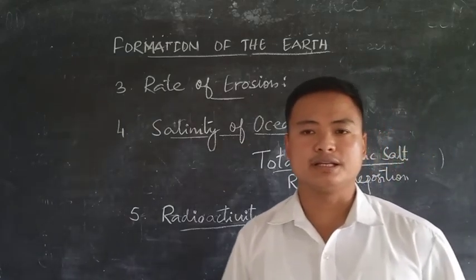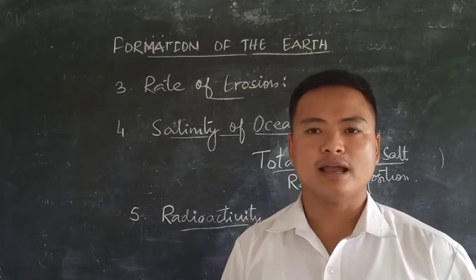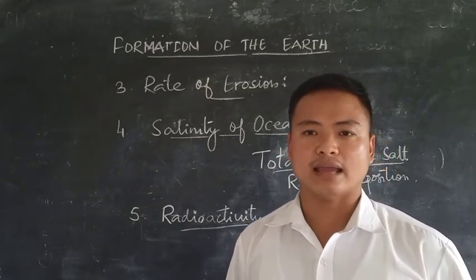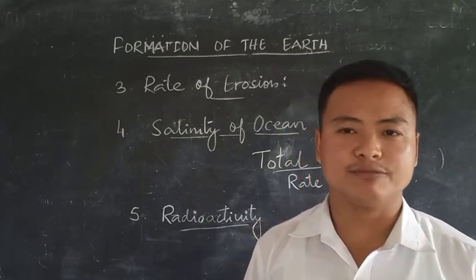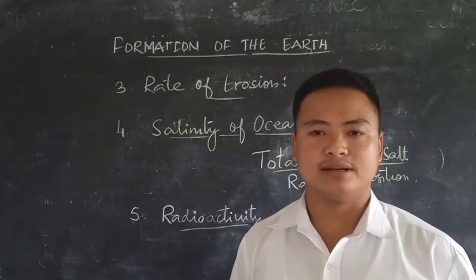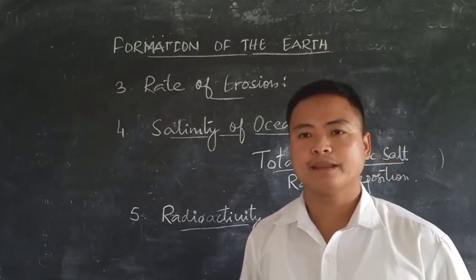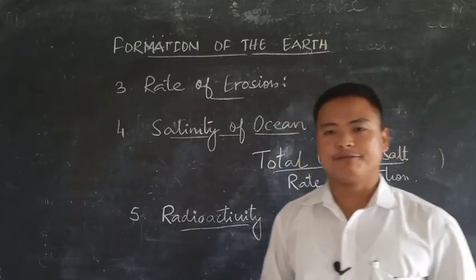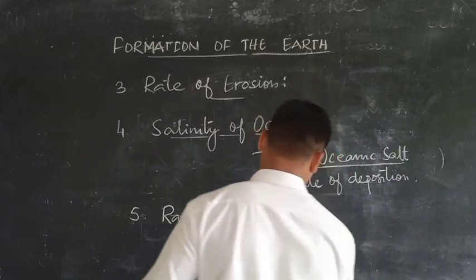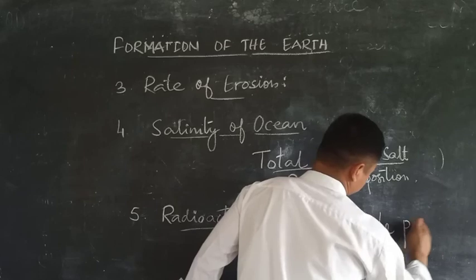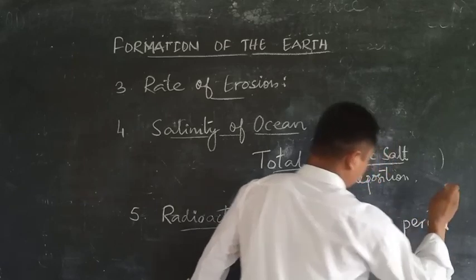To understand the age of the earth, it is first understood on the basis of the half-life period, which is the time period in which the radioactive elements disintegrate almost to half.